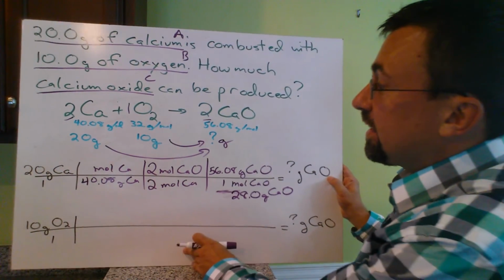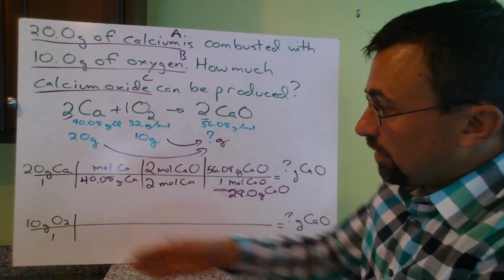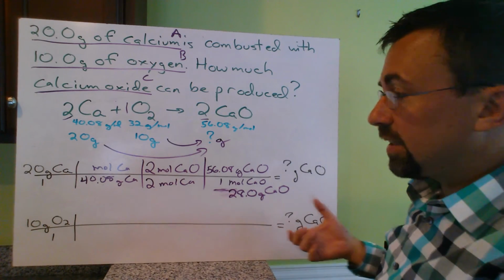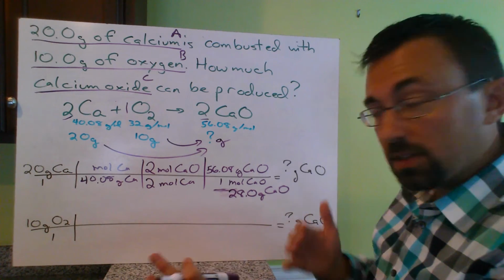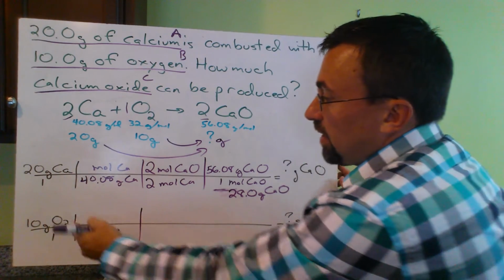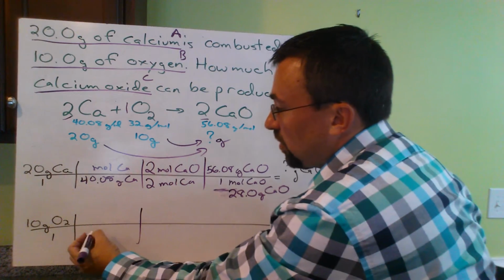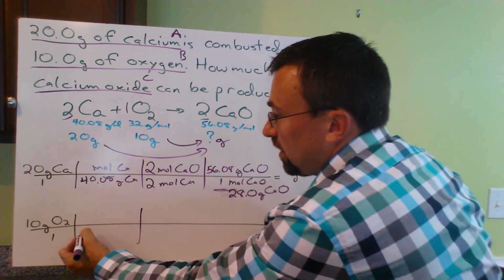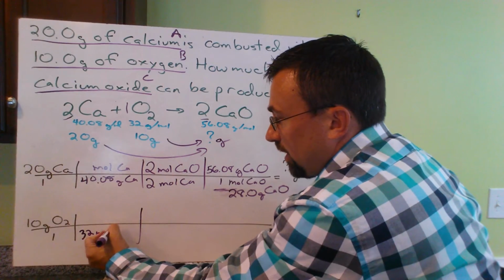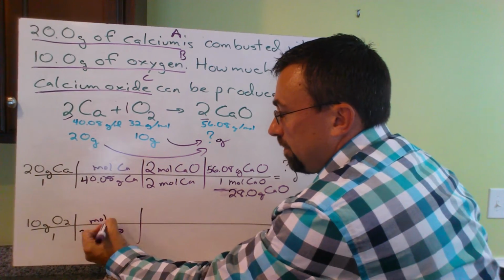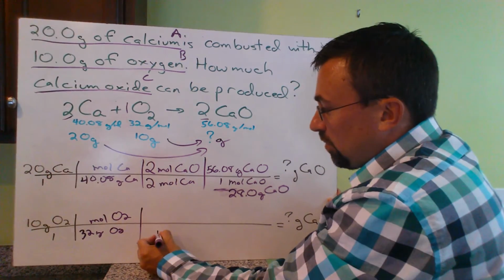We need to do the exact same thing for oxygen. And you're going to see the similarity in the calculation, and you'll see that the numbers mean slightly different things. So same idea. We have oxygen, we want calcium oxide, we need a mole-to-mole ratio, we have grams, which means we're starting with our formula weight, which in this case is 32-to-1. Now we'll use our mole-to-mole ratio.